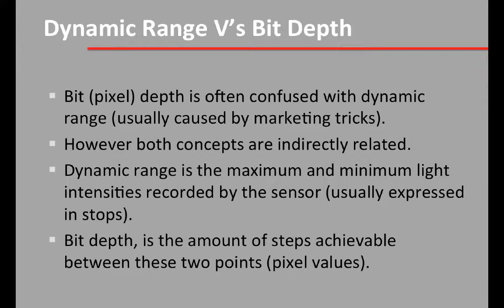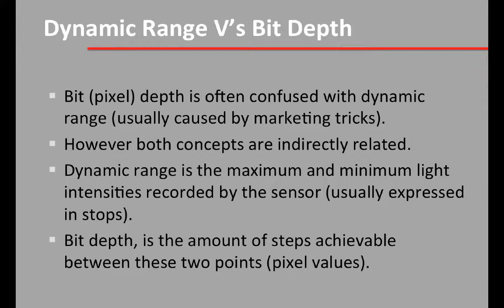What's interesting about pixel depth is that it's often confused with dynamic range, and it's deliberately confused with dynamic range by camera manufacturers that exploit this confusion and make statements to say that their cameras have a 14 stop dynamic range. So marketing do use these tricks. They confuse pixel depth with dynamic range.